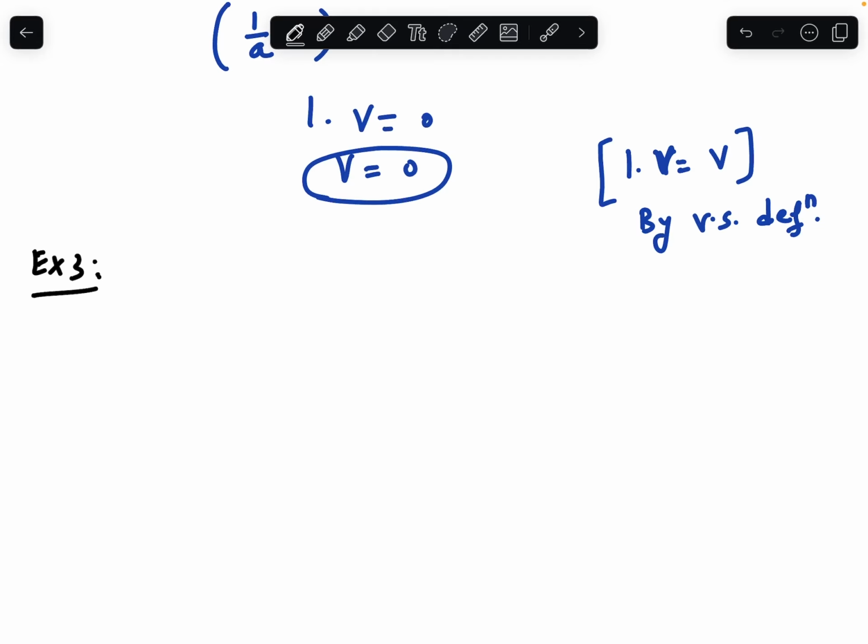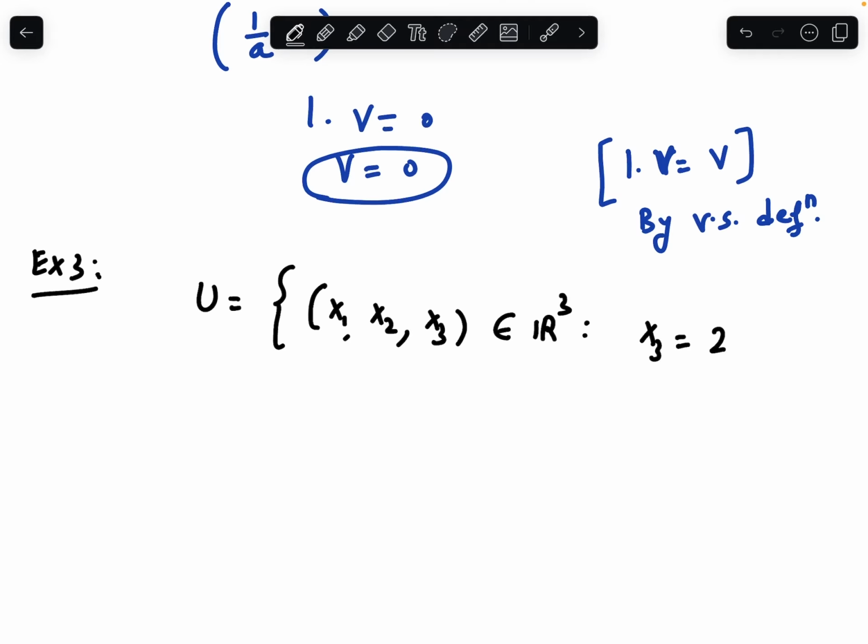You have a set U equal to x1, x2, x3 from R3 such that x3 equal to twice of x2 plus b.